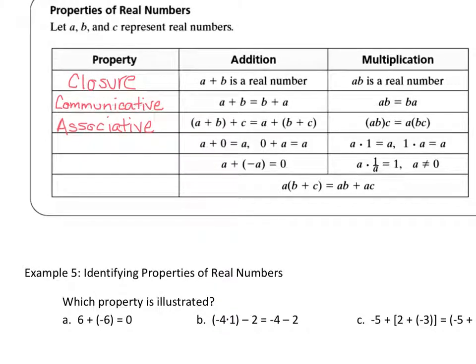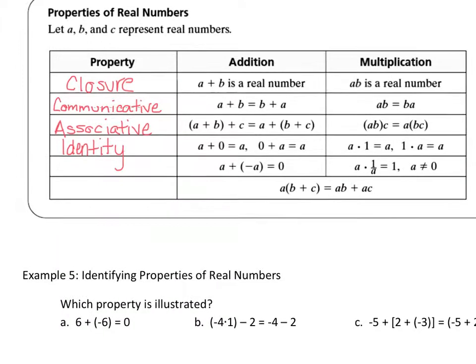The next one is identity. The identity for addition is the number 0. Okay, identity basically is what number can we use that won't make a difference. If we add 0 to a letter A, it doesn't make a difference, right?